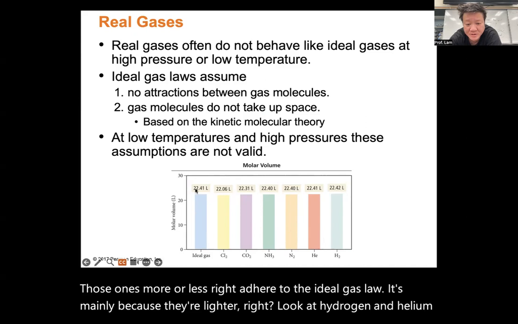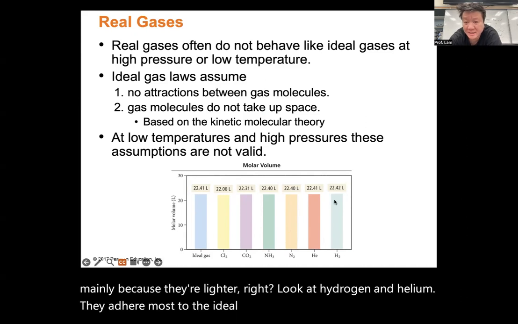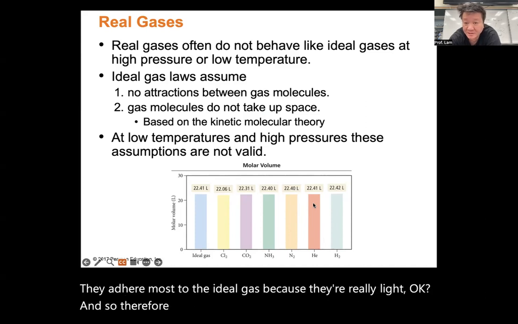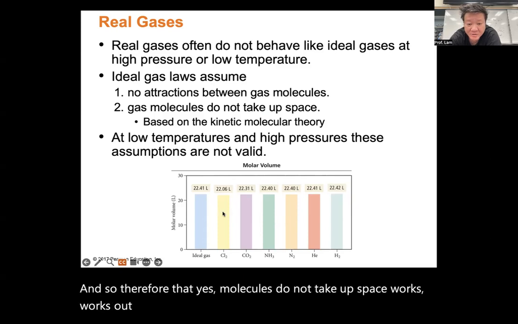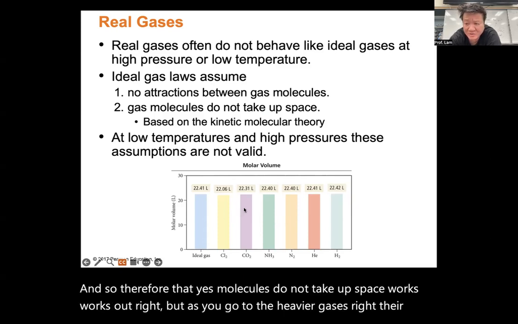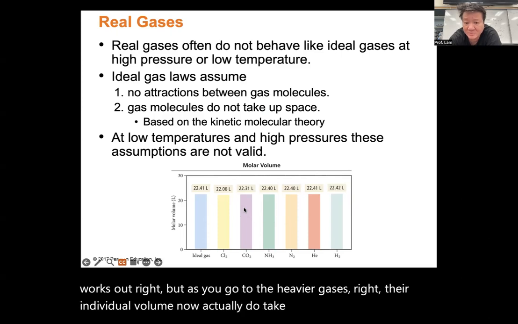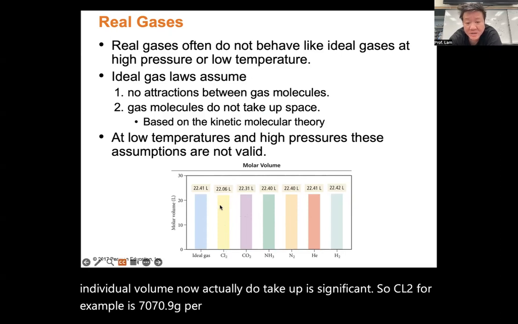They adhere most to the ideal gas because they're really light, and so the assumption that gas molecules do not take up space works out. But as you go to the heavier gases, their individual volume is now significant. So Cl2, for example, at 70.9 grams per mole, is deviating quite a bit from an ideal gas, right?